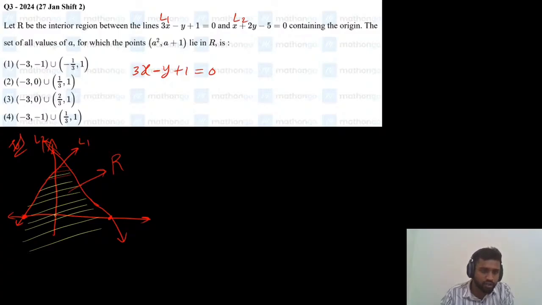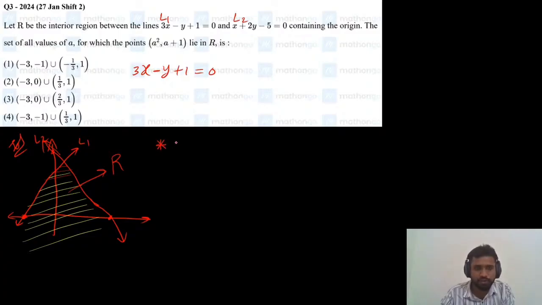So with respect to L1, the origin and the given point lie on the same side of the line L1, and with respect to L2 also, the origin and the given point lie on the same side of L2. What is the condition for two points to be on the same side of a line?